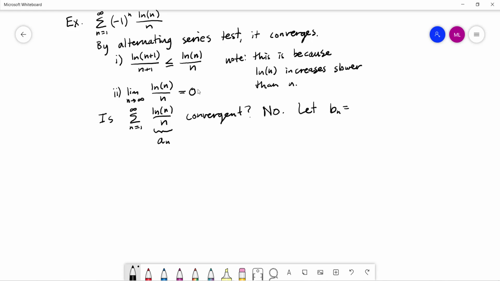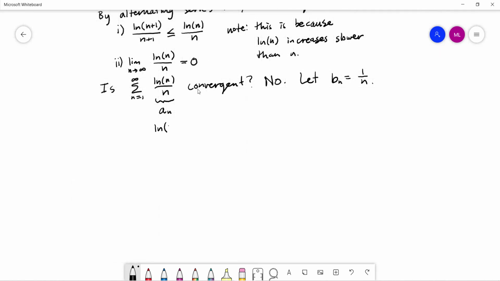if we let b sub n be 1 over n, then we have the following. The natural log of n over n is definitely always larger than 1 over n, at least for values of n greater than 1, basically starting at 1 and going up. When n equals 1 exactly, the numerator here will be 0. But this is going to be true in general for larger values of n.